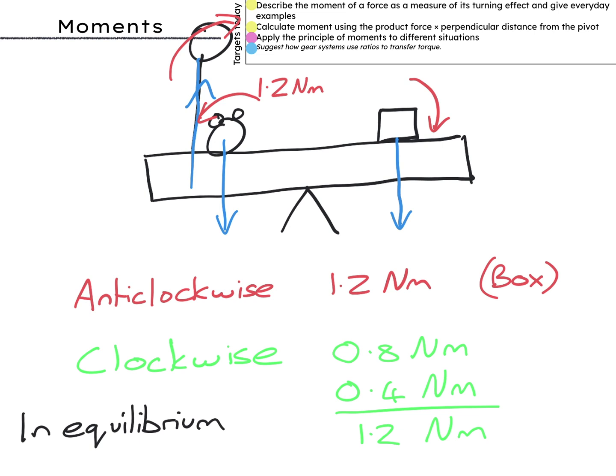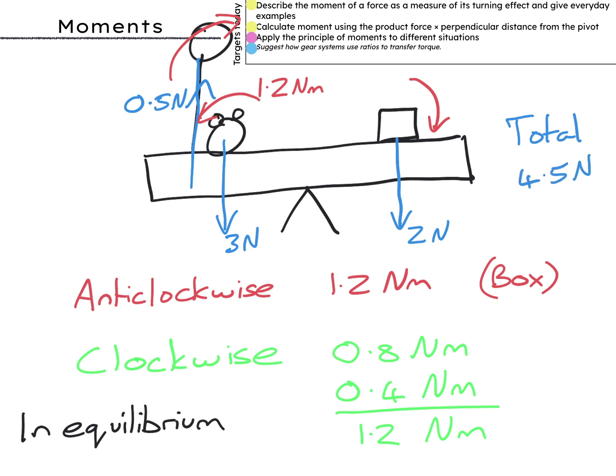To truly be in equilibrium, we need to check the linear forces as well. The box and the mouse act downwards with 2 plus 3 equals 5 newtons, and the balloon acts up with 0.5 newtons. That makes the total force from these 4.5 newtons downwards.